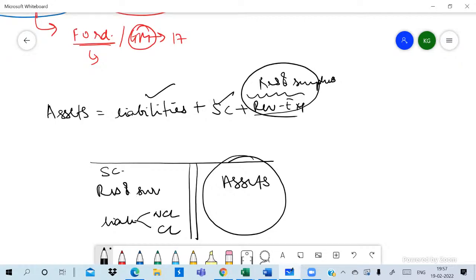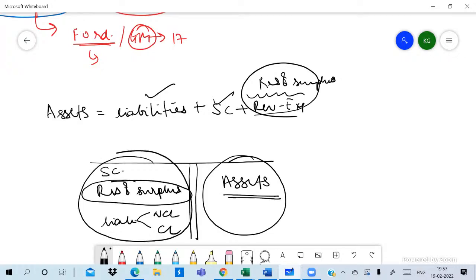Whatever revenue or expense the company is incurring or generating will get captured in the income statement. And finally, whatever surplus is left will come over here. So my assets should be equal to liability plus share capital plus revenues minus expense.